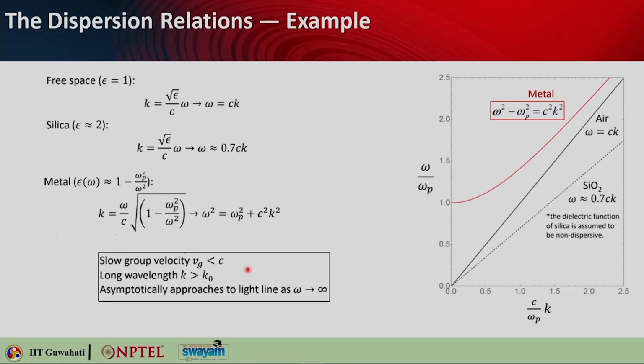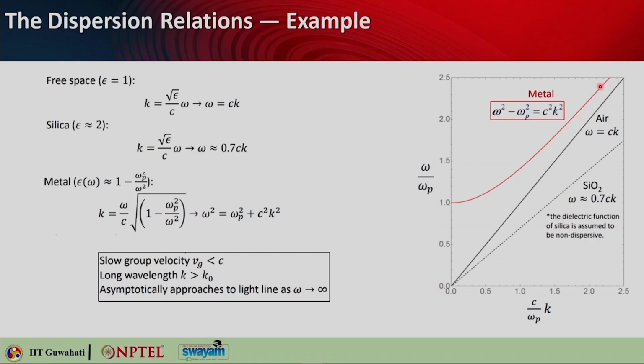So slow group velocity, obviously, because you will get Vg which is less than c. You will also find wavelengths which are longer than the wavelength of light, because you are getting k values larger than k naught, and asymptotically this will approach the light line when omega goes to infinity.